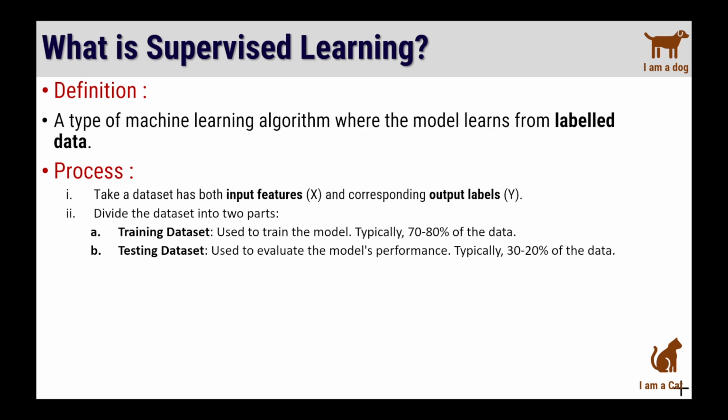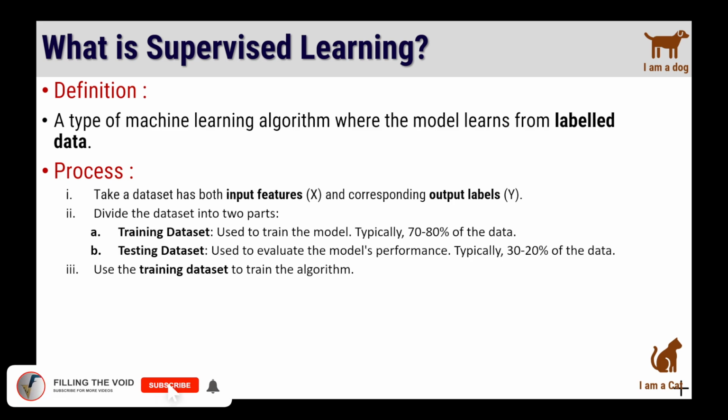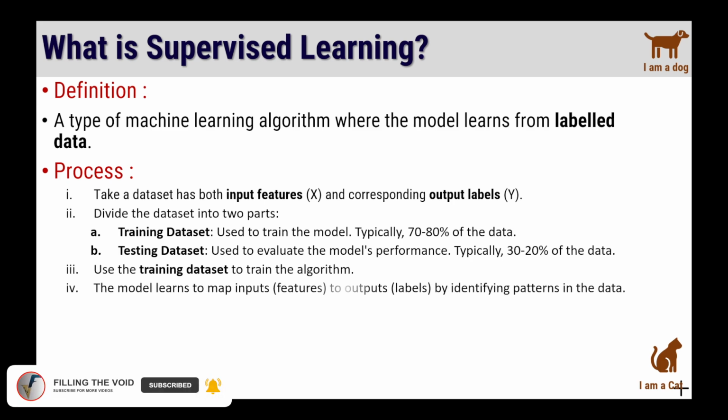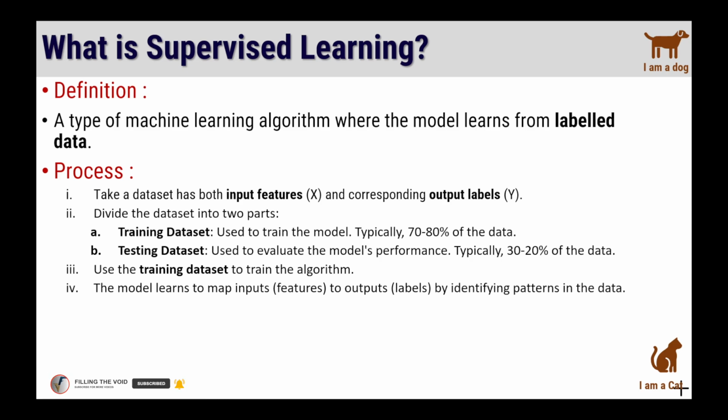Okay. And then we use the training data set to train the model. The model learns to map input features to output labels by identifying patterns in the data. And then we test the trained model on the testing data set.